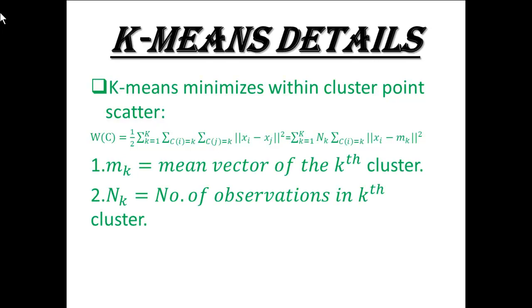Mk is the mean vector of the kth cluster, and nk is the number of observations in the kth cluster. K-means result is always noisy.